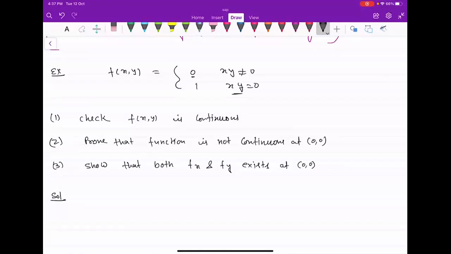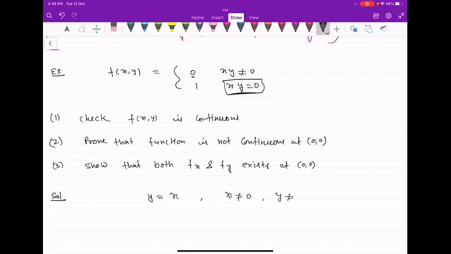If we are talking about a line y equal to x, and we are not including the point 0, 0. If it is the case of 0, 0, then this is the case. Okay, we are talking about the function definition. When xy is not equal to 0, the function value is what? 0. So we are talking about simply a line y equal to x, and x is not equal to 0.